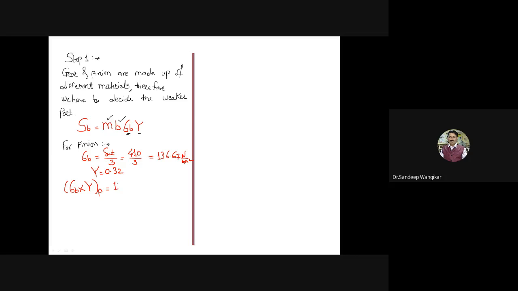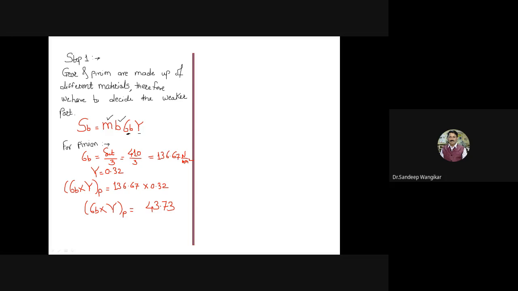So let us calculate sigma b into Y, this product for pinion. So it will be 136.67 into 0.32. So sigma b into Y, this product for pinion is equal to 43.73.